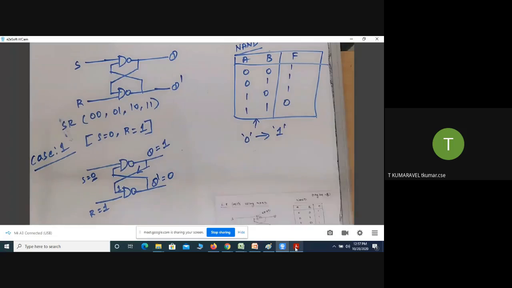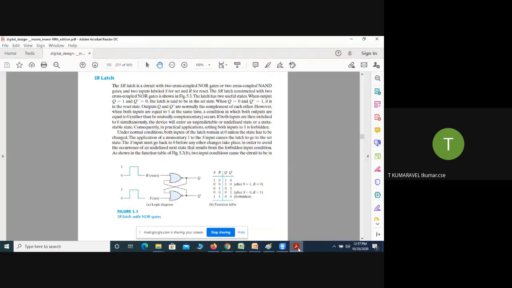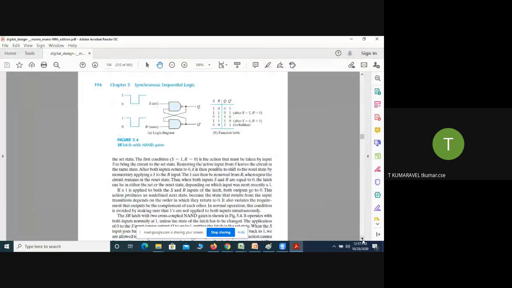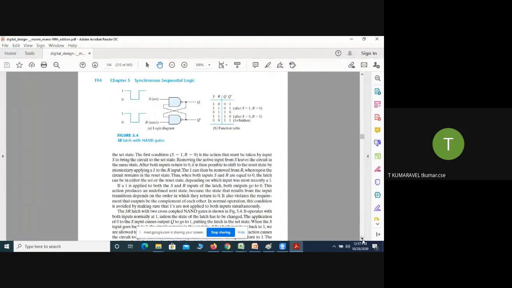That's 0 1 1. What is the output? 0 1. 1 0.